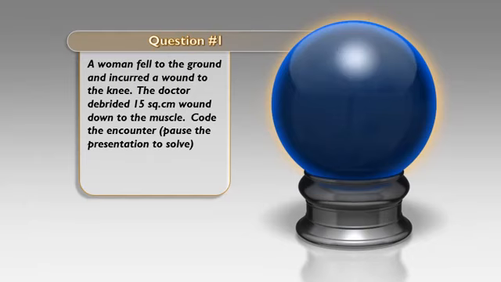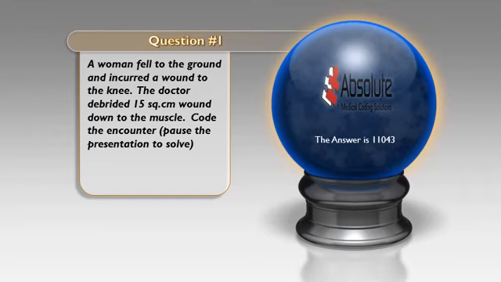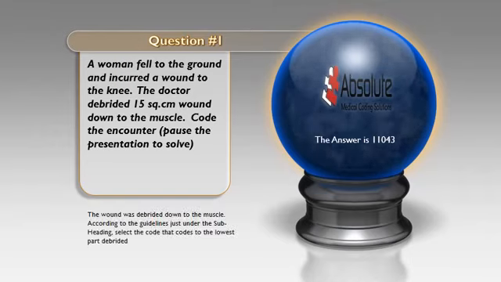If you said 11043, you are correct. The wound was debrided down to the muscle. According to guidelines, just under the subheading, select the code that codes to the lowest part debrided, and that is muscle.